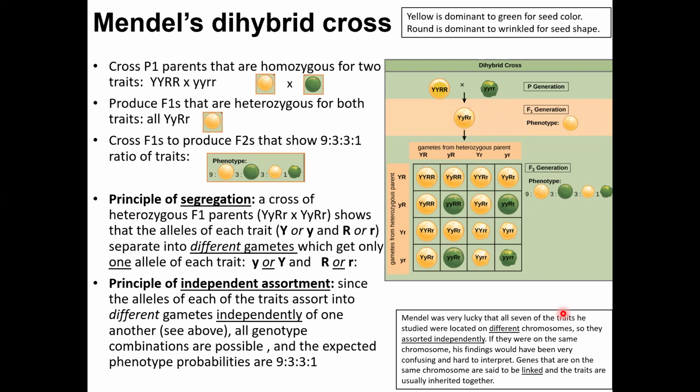So initially we talked about the principle of segregation, and seeing these ratios, what Mendel also developed is the principle of independent assortment, where each of the different traits can be independently assorted into different gametes, independent of each other, and all of the different combinations were allowed.